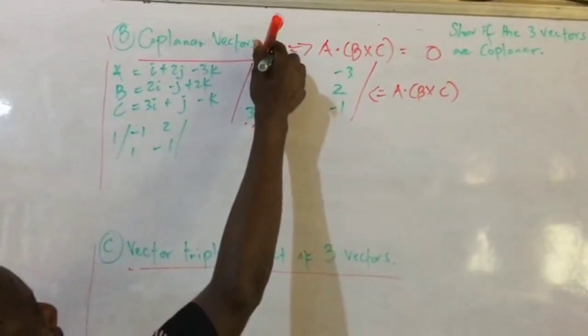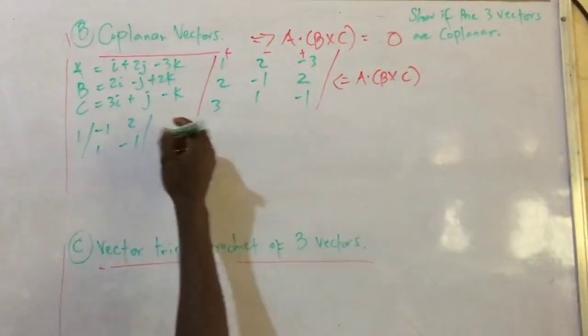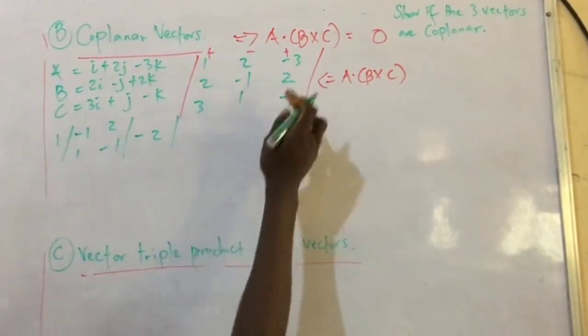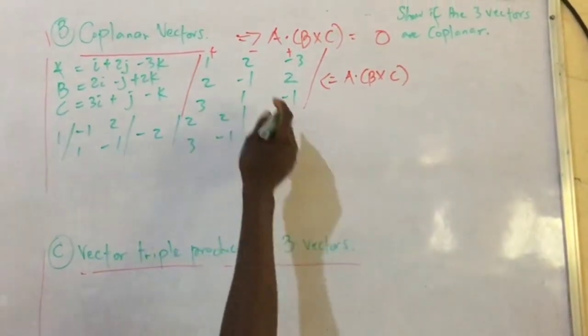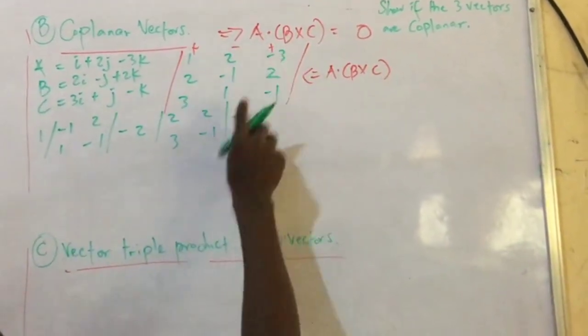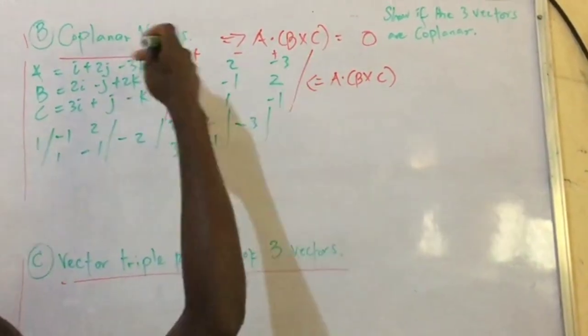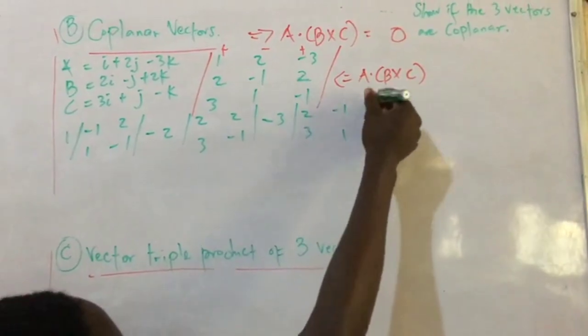You shouldn't omit that: plus, minus, plus. So here we have minus 2, this goes out. We have 2, 3, 2, minus 1. Then plus, we have minus 3 here, so plus and minus will give us minus. So we have 3, this goes out, this goes out, we have 2, 3, and minus 1, 1.